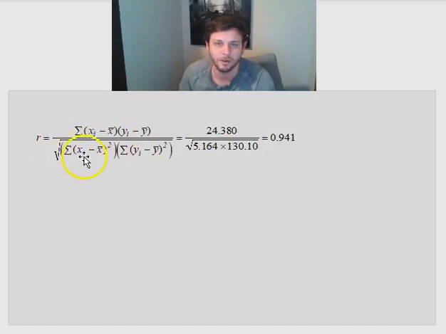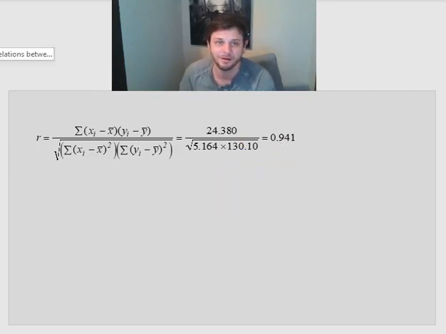The square root of your x minus your x mean squared times y minus y mean squared, add it all up, multiplied together, you end up with 5.164 for your x's and 130.1 for your y's. Take the square root, divide 24.38 by that to get an R value of 0.941.